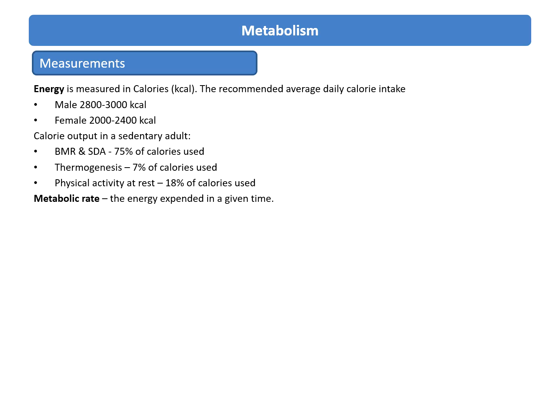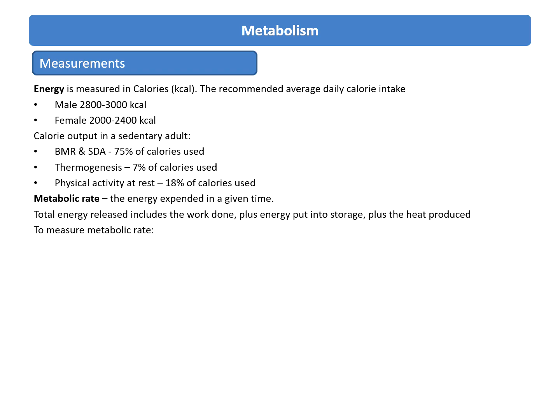The metabolic rate is the energy expended in a given period of time. The total energy released includes the work done, plus energy put into storage, plus the heat produced. To measure metabolic rate, direct measurement may be used. A calorimeter would measure the heat released.